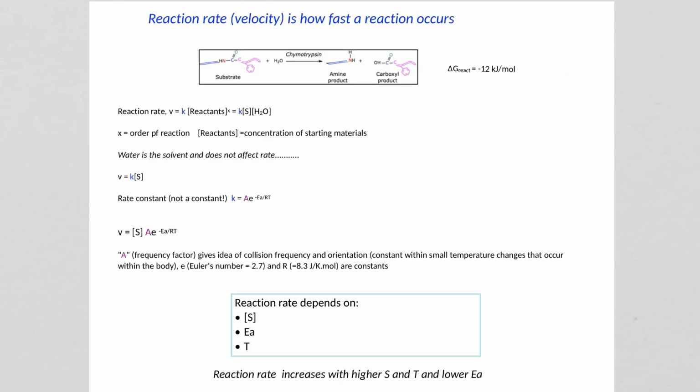So let's talk a little bit about reaction rate, what we also call the velocity of the reaction. The rate of the reaction is how fast this reaction occurs. How fast is this peptide bond broken to give you the products, the amine and the carboxyl product.